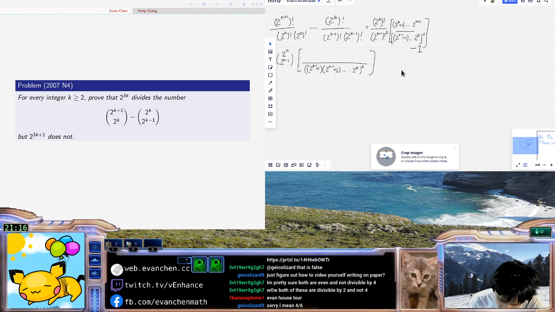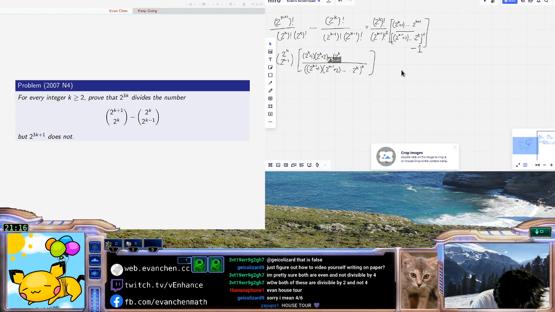And then the guy on the top is the one that's interesting. So this is 2^k+1, 2^k+2, all the way up to 2^k plus 2^k, minus 1. Okay, so this guy here, I actually don't know off the top of my head what the v2 is.